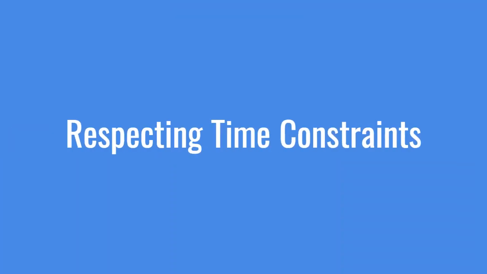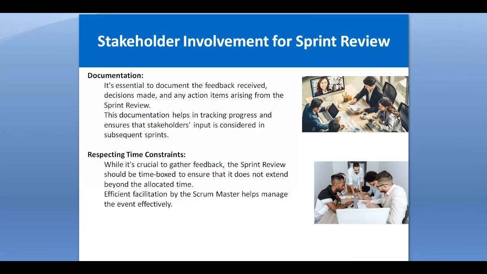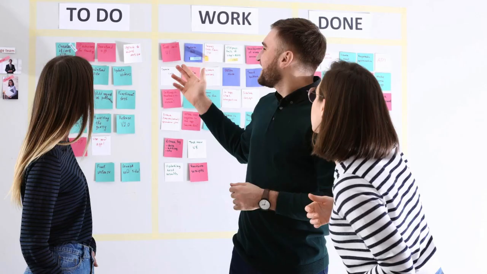While it's crucial to gather feedback, the sprint review should be time-boxed to ensure that it does not extend beyond the allocated time. Efficient facilitation by the Scrum Master helps manage the event effectively as well. Remember, friends, that a sprint review session should not be more than a 2 to 3 hour session, because everyone's time is valuable.